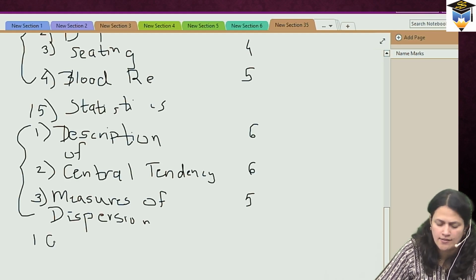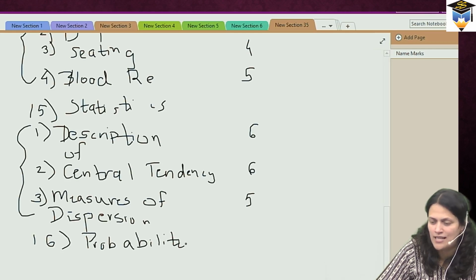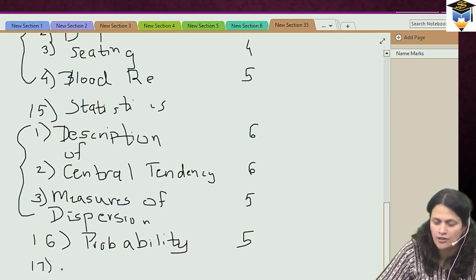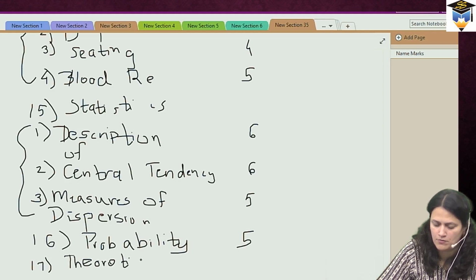Then next, probability. That is asked for roughly 5 marks. Next is theoretical distribution, for 6 marks.